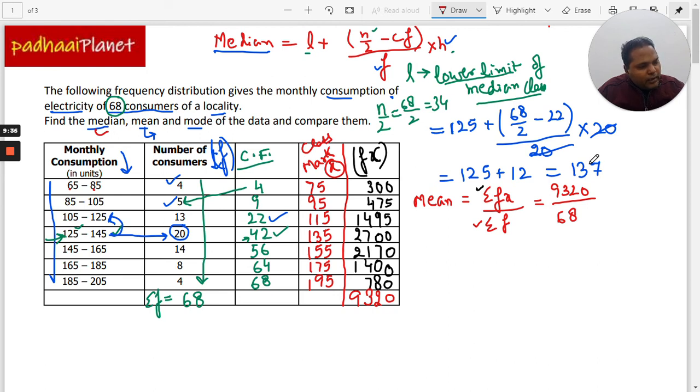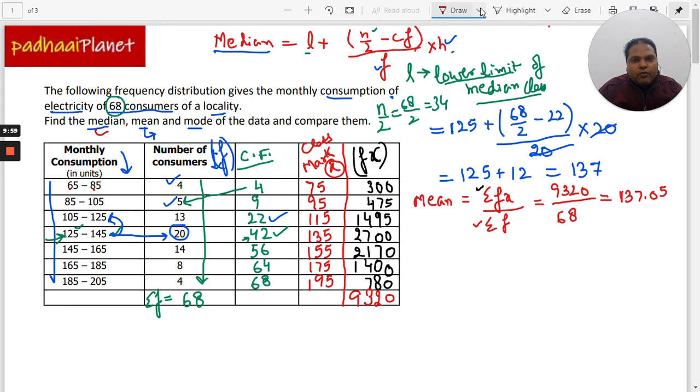So that's 9320 divided by 68. Alright, so it comes as 137.05. That's the mean of the data which is given here.